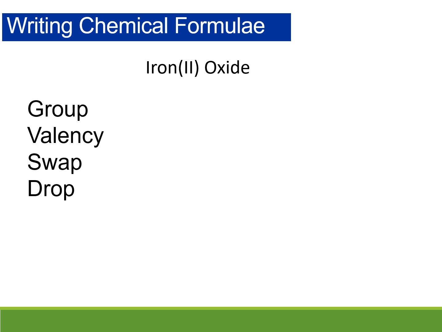If we have a look at this example, this is iron(II) oxide, and iron is a transition metal. So we wouldn't know the valency because iron is in the block between group 2 and group 3. So the Roman numerals tell us the valency of the element. So in this case, it tells us that iron has a valency of 2. Swap and drop again.